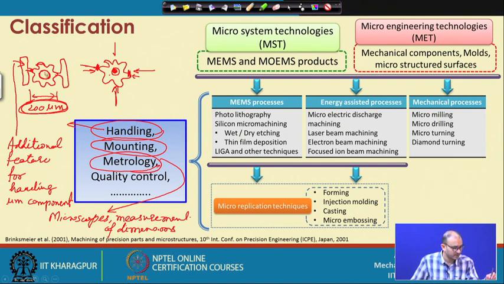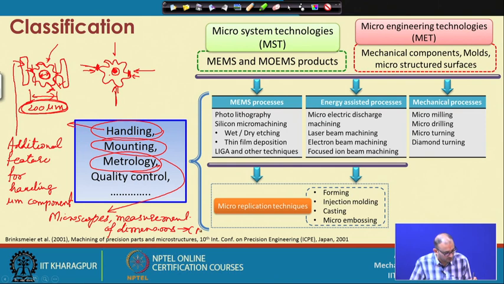So, once the fabrication is over, we have to measure whether it is exactly 200 micron or not, what is the diameter of this particular part, and what are the characteristics or specification of the tooth profile. So, everything should be measured. So, we need some type of measurement unit.